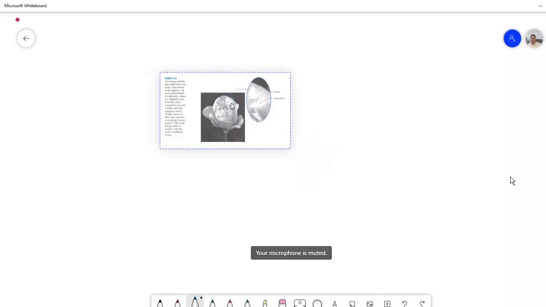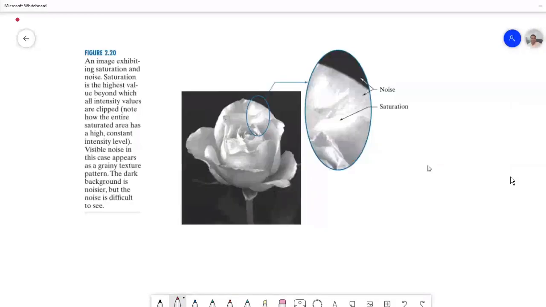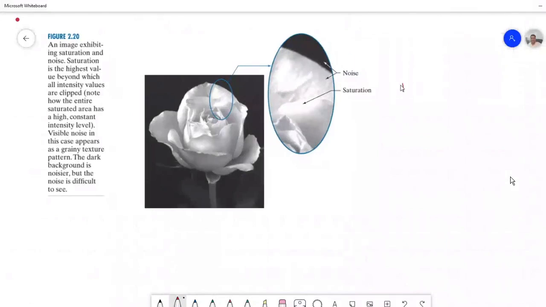So see here, in red color, there are two things which you can see in the image. First, we are going to cover the dynamic range, which I have taken recently. So what is dynamic range? I have just told you.